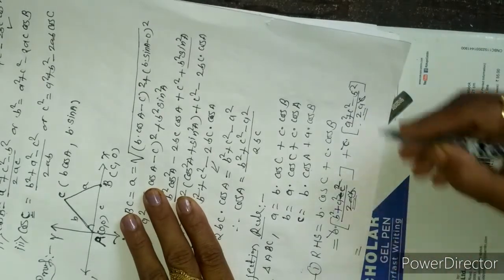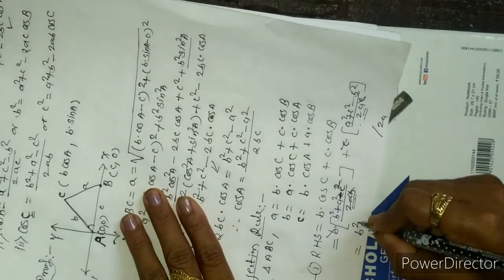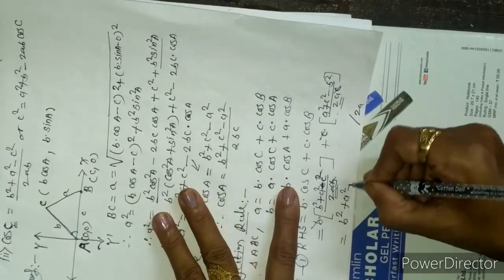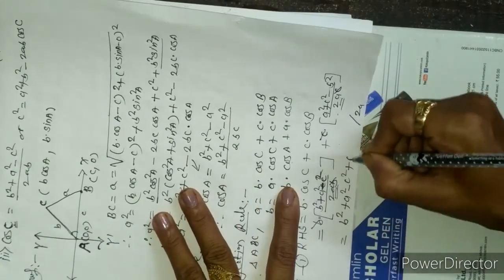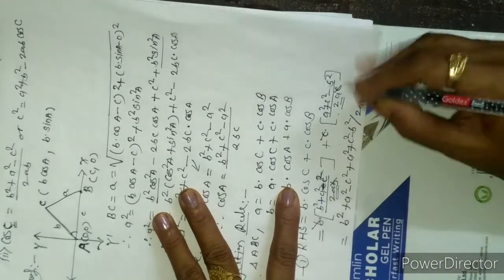So the denominator is 2, and we can take this common denominator and take down the addition of their numerators: B square plus A square minus C square plus A square plus C square minus B square.